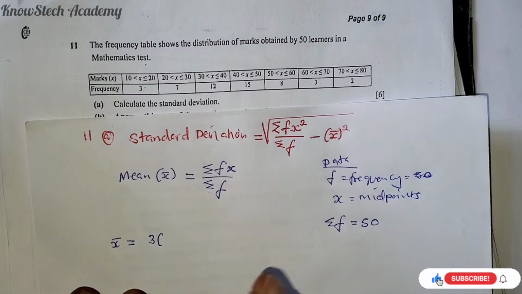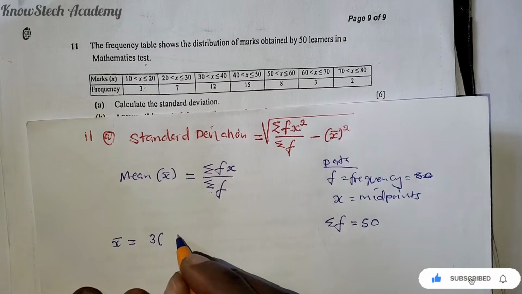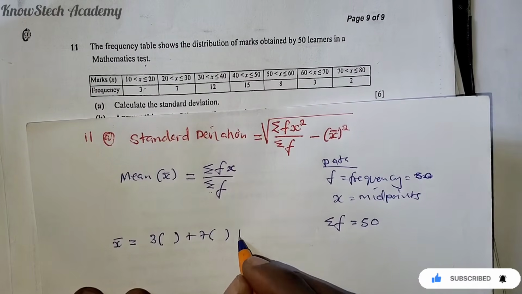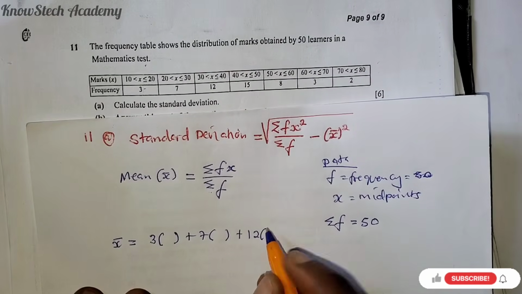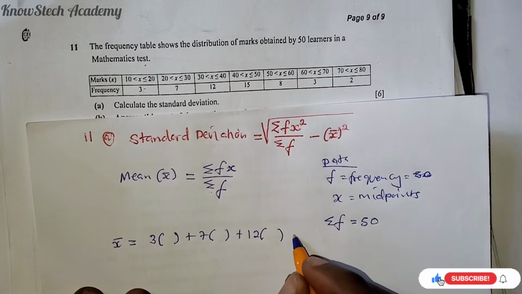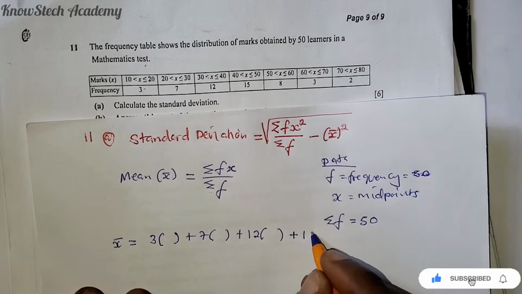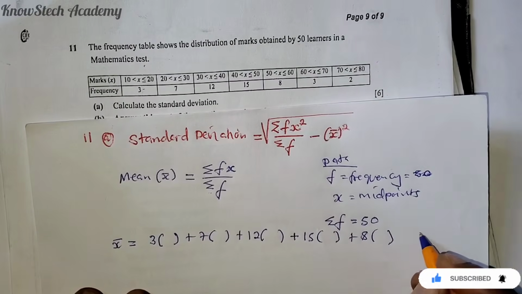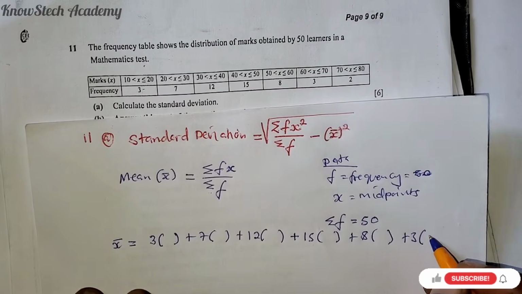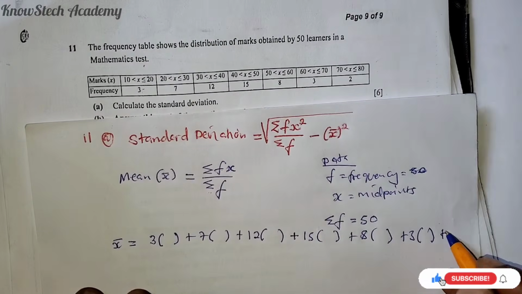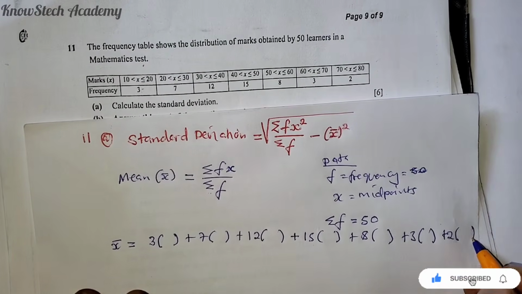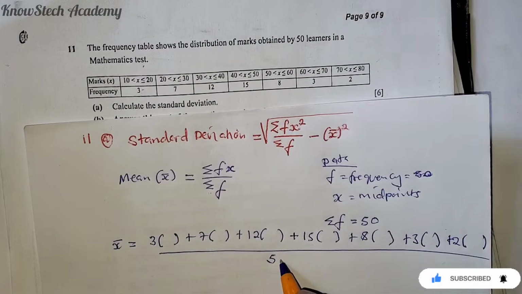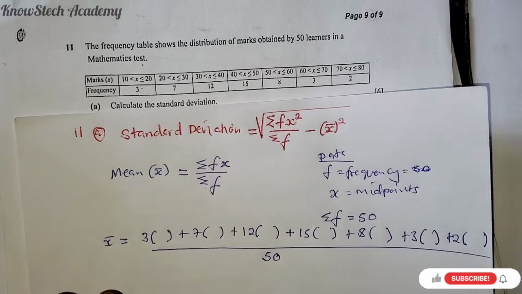First, write all the frequencies: 3 multiplied by open bracket, plus 7 multiplied by open bracket close, plus 12 multiplied by the midpoint, which we will substitute later on, plus 15 open close bracket, plus 8 open close, plus 3 open bracket close, plus 2 open bracket close bracket, divided by the total frequency, which is 50. Now let's substitute the midpoint.